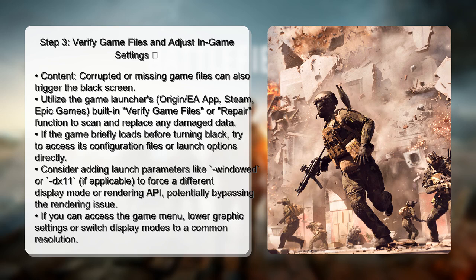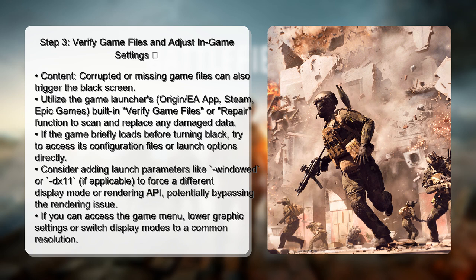Step 3: Verify game files and adjust in-game settings. Corrupted or missing game files can also trigger the black screen. Utilize the game launcher's, Origin, Steam, or Epic Games, built-in verify game files or repair function to scan and replace any damaged data.